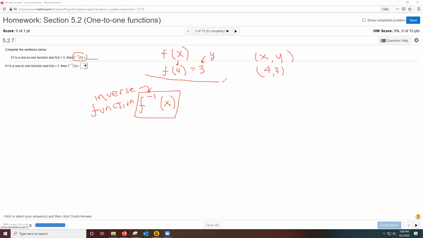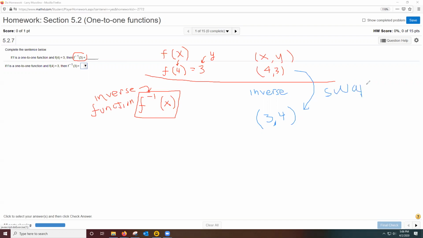So if on the original function we had the point (4, 3), what the inverse function does is it swaps around the xy values. So I'm going to swap this and make it (3, 4). So this is now the inverse function by swapping the xy values.